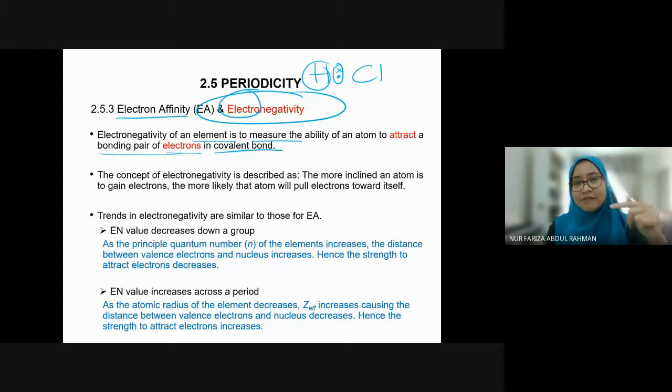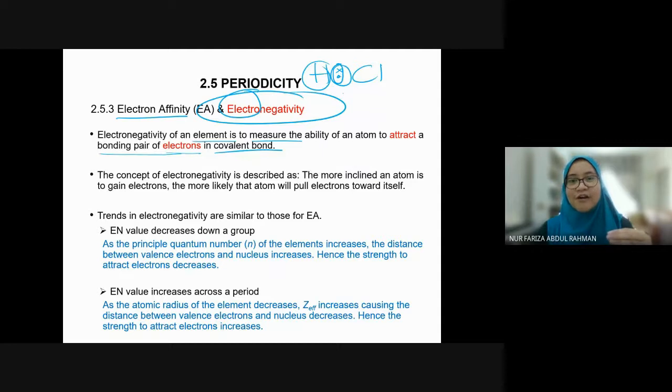Remember, Z effective is the power of the nucleus to attract the electron. It is powerful enough not only to attract the electron in the atom, it can also attract the electron from outside. This is not in the system, but this is special because it is involved in the bonding.